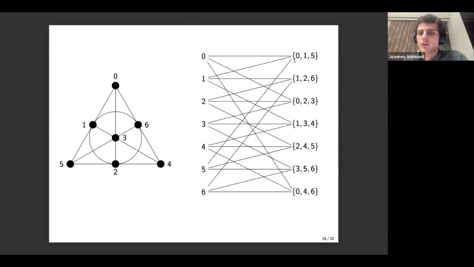The way that you recover the Fano plane as a hypergraph from the incidence graph is by looking at the vertices representing the hyperedges, and then you look at the neighbors to see which elements are contained in the hyperedge. So for 0, 1, 5, we see that the neighbors are 0, 1, 5, and in this way we can recover that the hyperedge is given by 0, 1, 5.